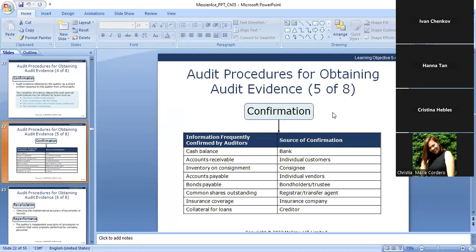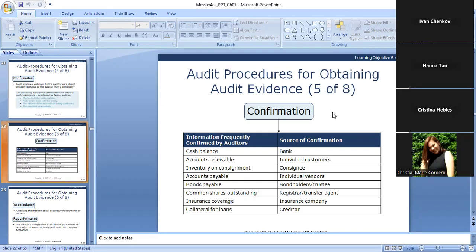If you want to check the inventory on consignment, you're going to get the information from the consignee. If you want to check the accounts payable, you're going to go to the vendor, and the vendor is going to send the statement to you.